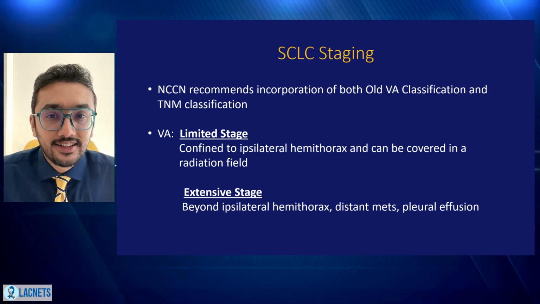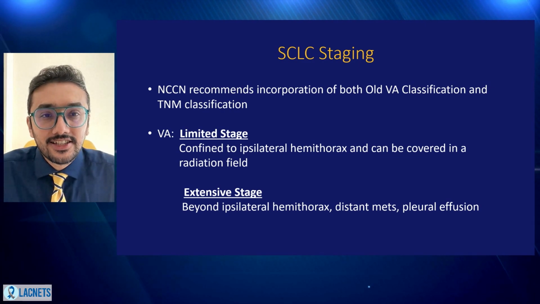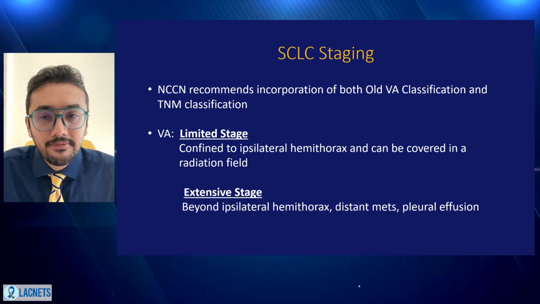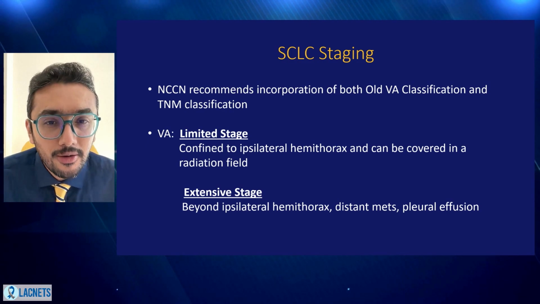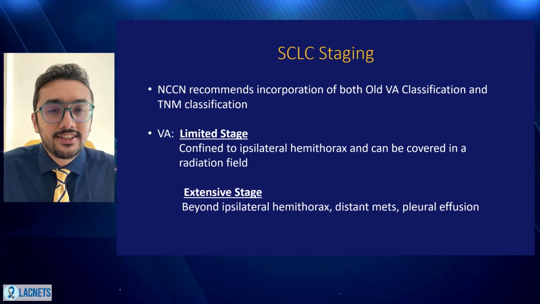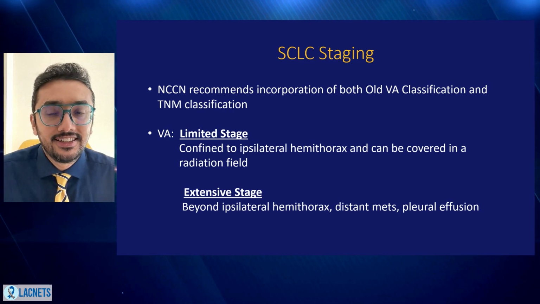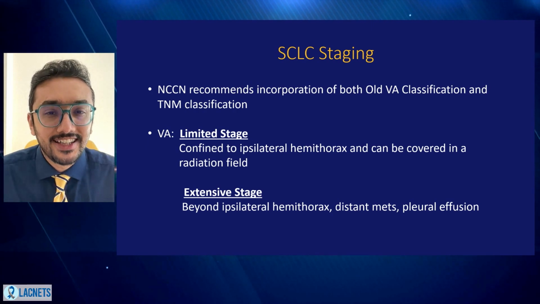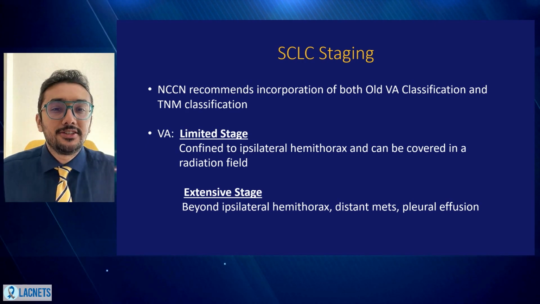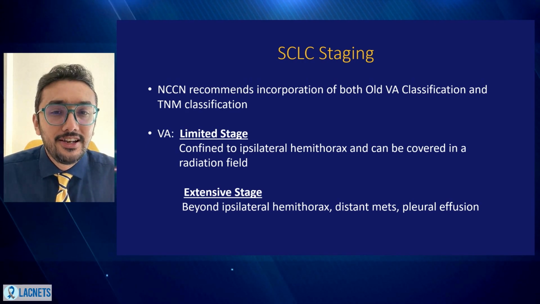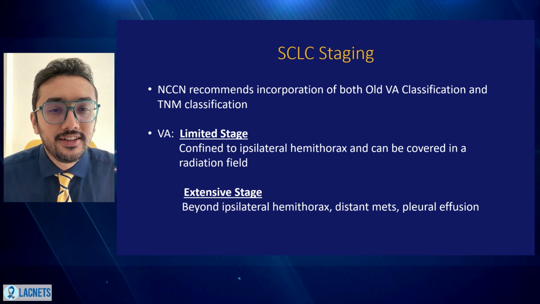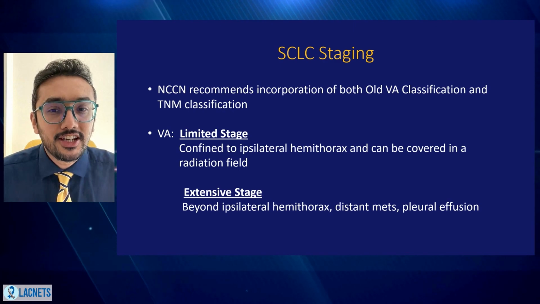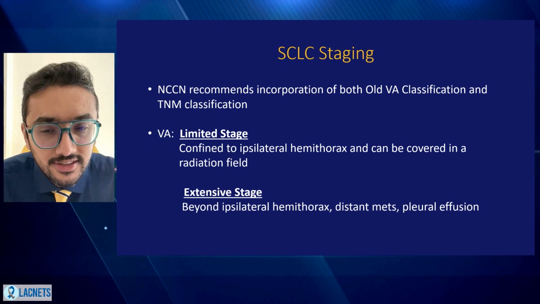One is the typical AJCC classification using TNM, but the more commonly used in the small cell lung cancer context is the VA classification, where we have just two categories: limited stage or extensive stage. Limited stage implies that the tumor is limited to one part of the thoracic cavity, which can be covered under one radiation field.